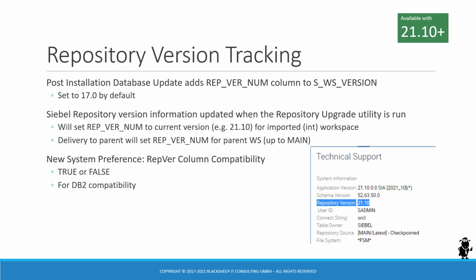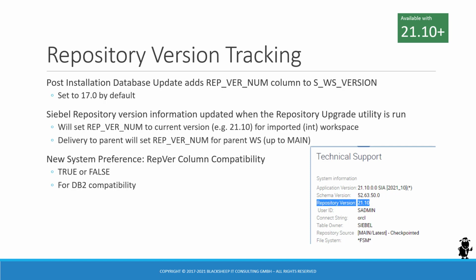If you run the repository upgrade, which is non-mandatory, then you uptake the non-mandatory vanilla repository objects, and so the new repository version number column will be set to 21.10 for that workspace that the repository upgrade creates. And once you deliver that, the parent workspace will also be upgraded, so to speak, to the 21.10 version. And likewise, if you create a new developer workspace from that parent, it will belong to that repository version space.